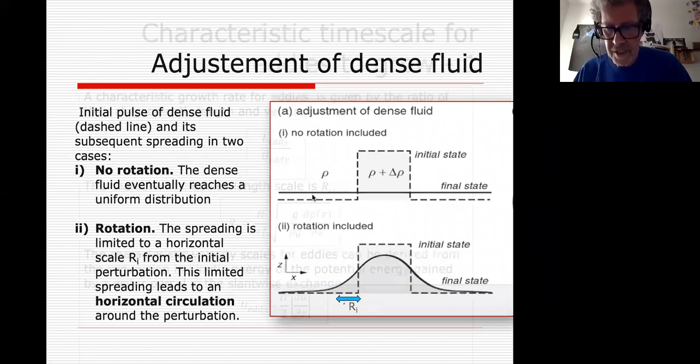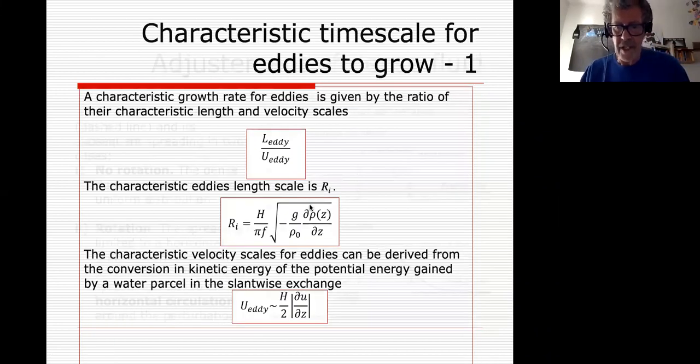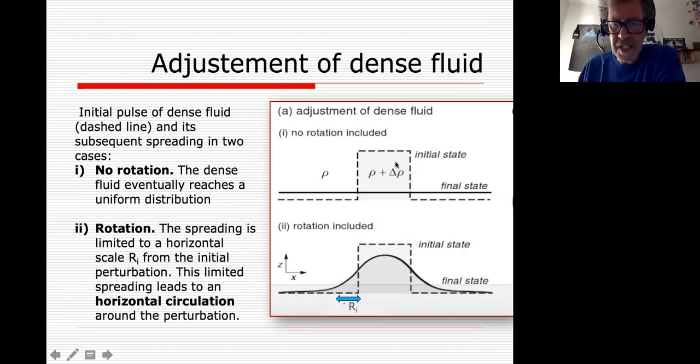Then you have this kind of anomaly. You have an initial state where a box-like density anomaly, characterized by a positive density anomaly delta rho, is surrounded by the lighter fluid layer characterized by the density rho.